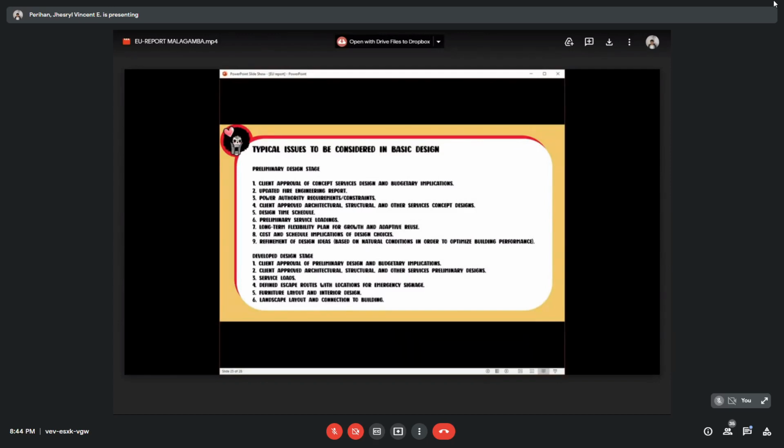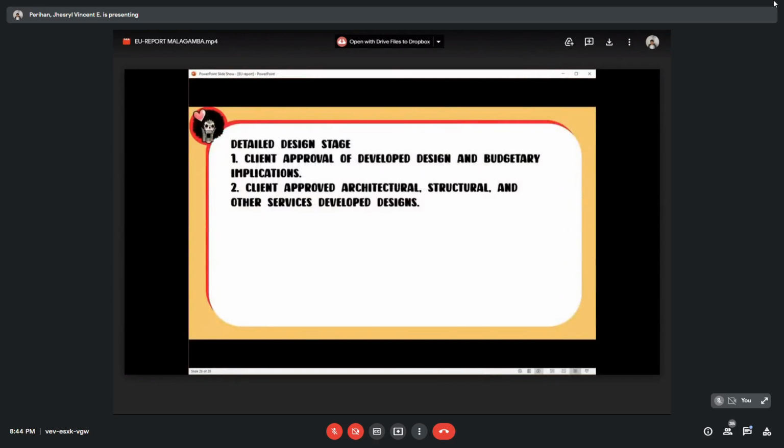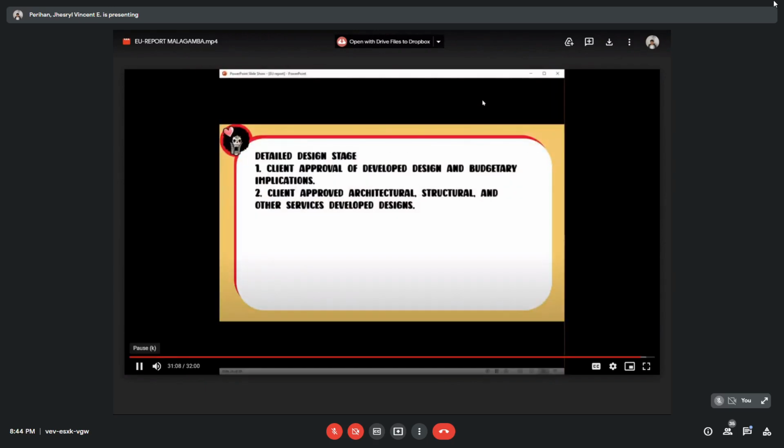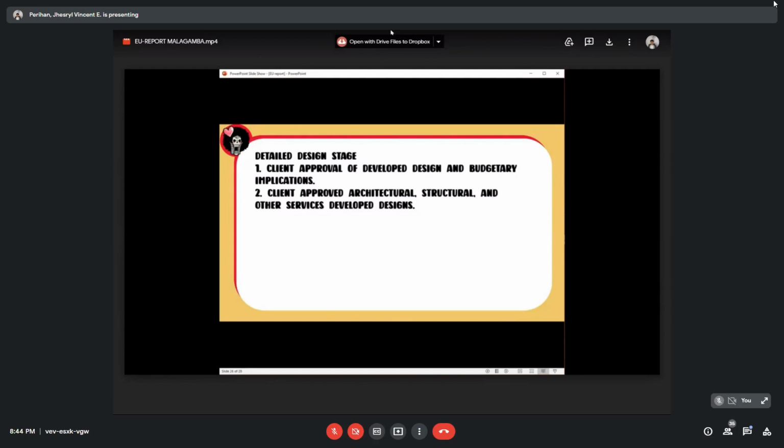And lastly, landscape layout and connection to building. Next is the typical issues to be considered in the detailed design stage. So first, we really need to consider the client approval of developed design and budgetary implications. Second, client approved architectural, structural, and other services developed designs.